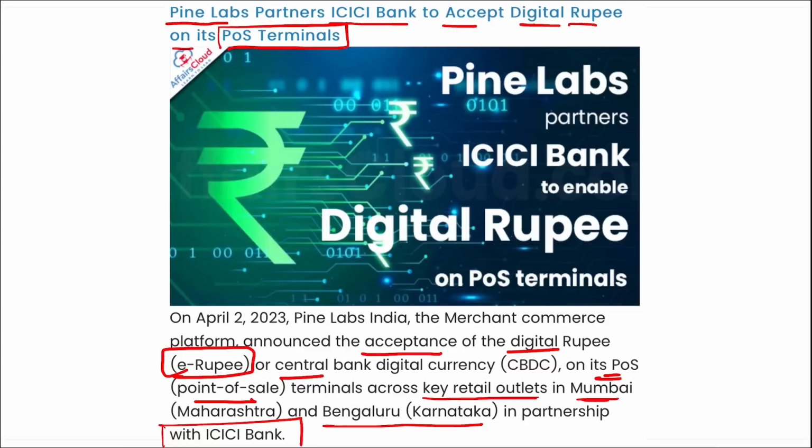The execution of the Pine Labs e-rupee payment process is completely digital via a dynamic QR code that is built within a smart Android point of sale terminal.